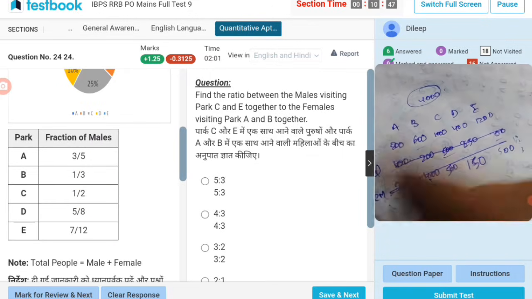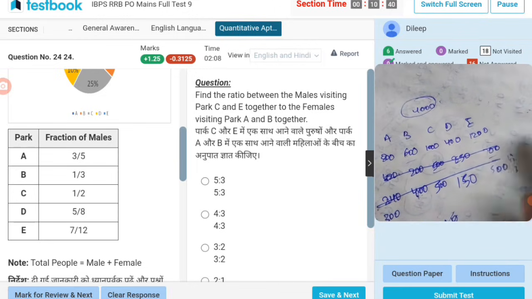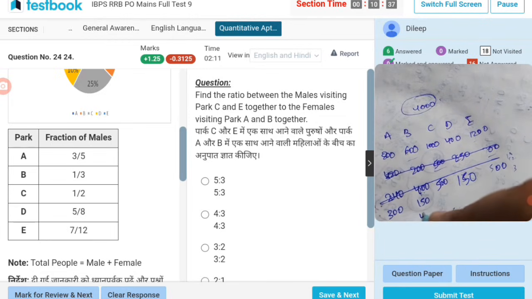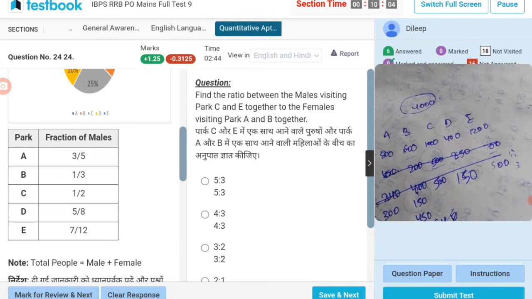So now I think male and female are 300, 500, 150, 450. One by two. 240, 200, 400. 75.